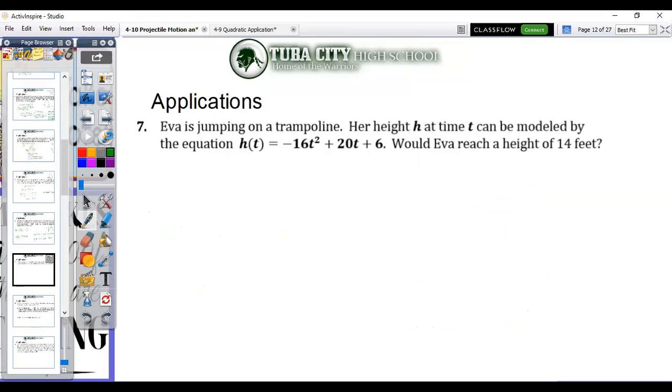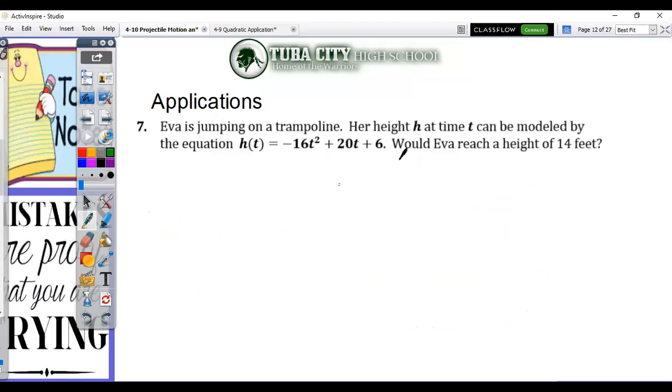Ava is jumping on a trampoline. Her height h at time t can be modeled by the equation here. Would Ava reach a height of 14 feet? Now there are two ways I would suspect this could be done. The first way is to plug in 14 for h and see if we can get a true statement.